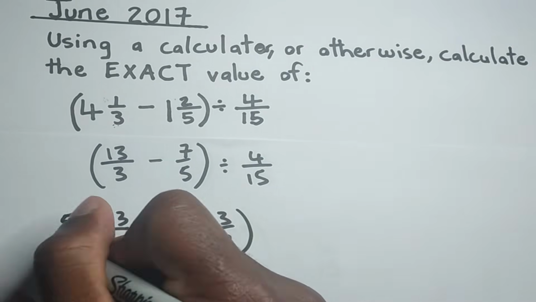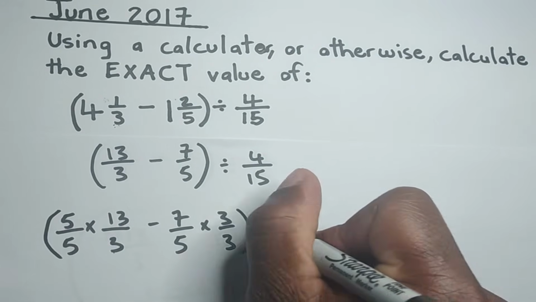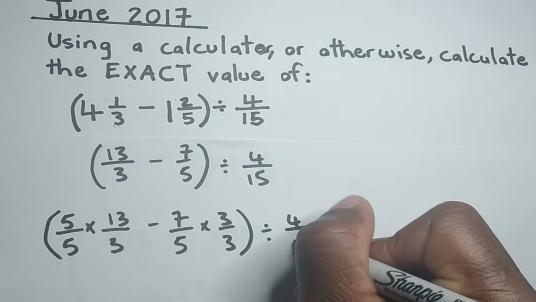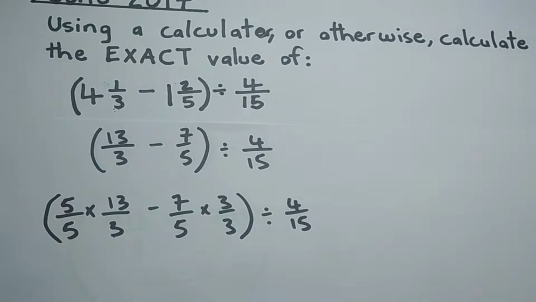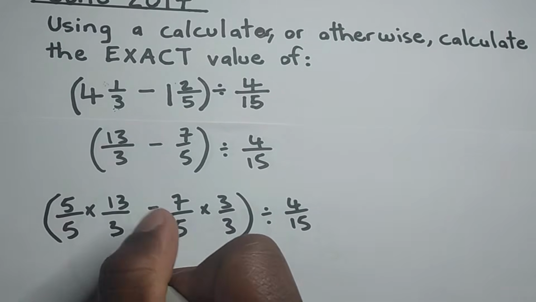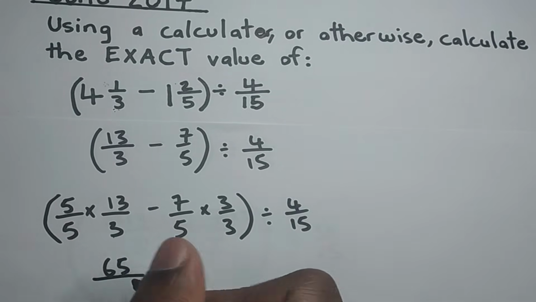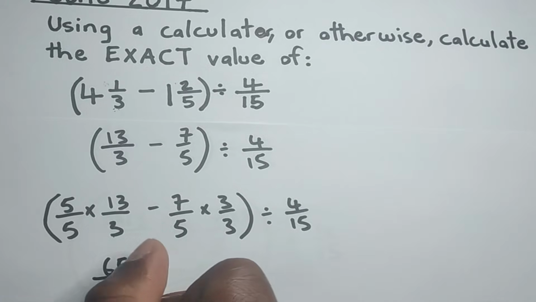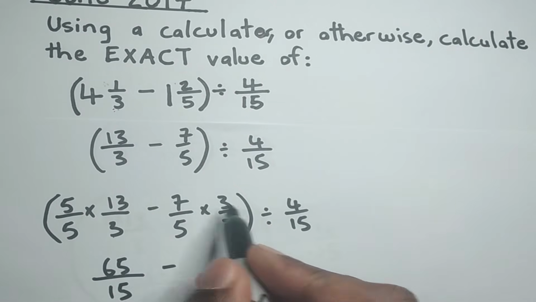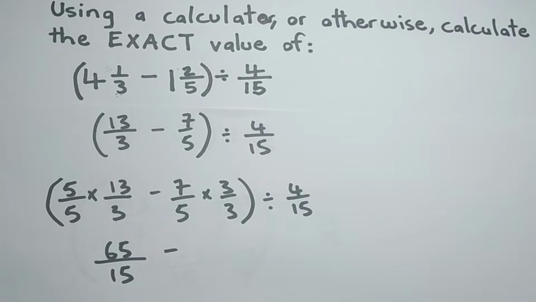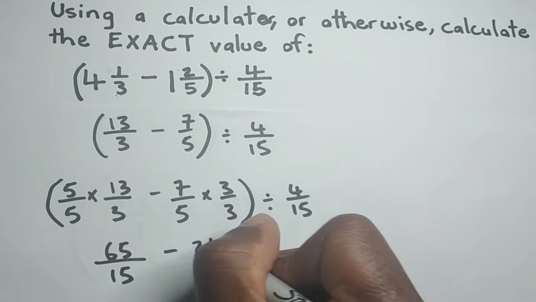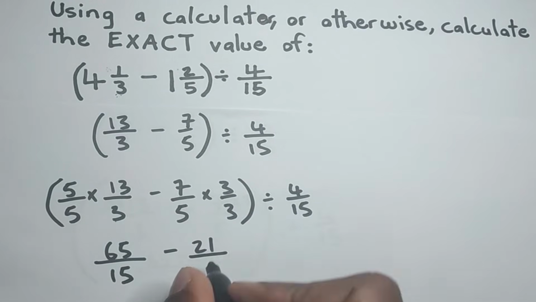So we are going to keep this in bracket, divided by, remember, 4 over 15. Now we have 5 times 13, that gives me 65 over 5 times 3, which is 15, minus 7 times 3, that's 21, over 5 times 3 is 15.